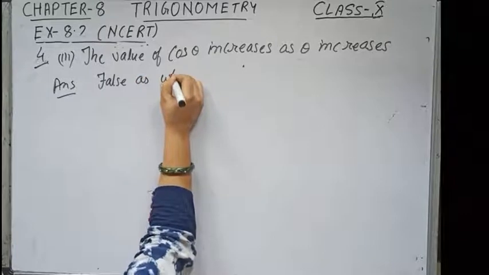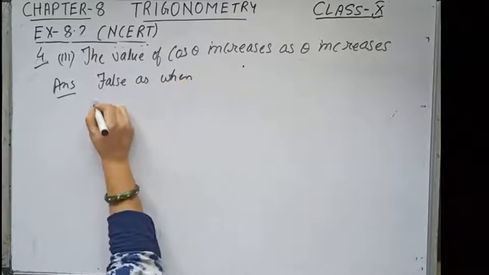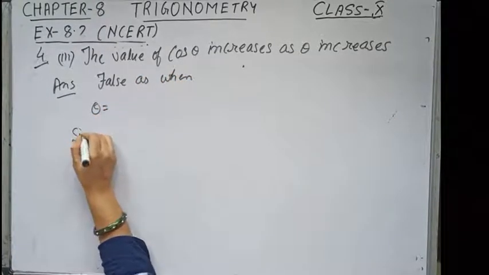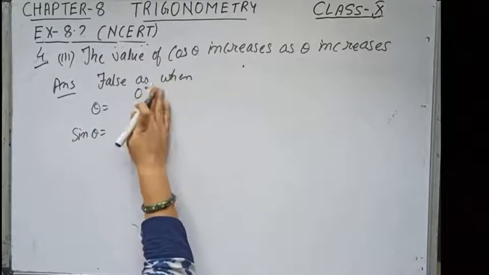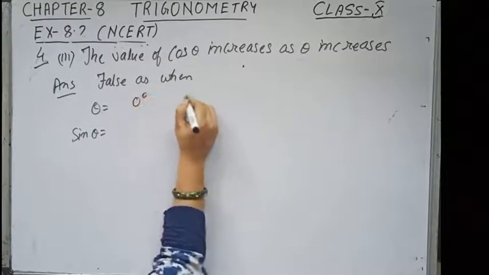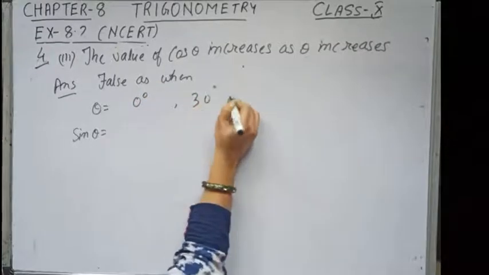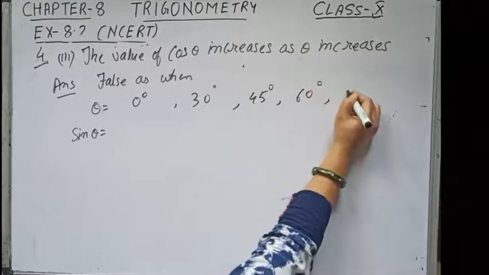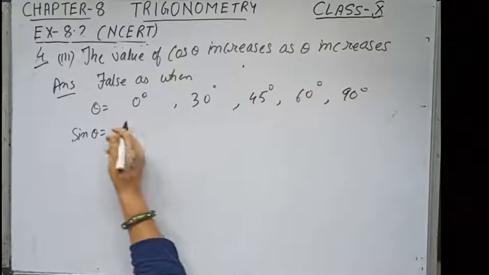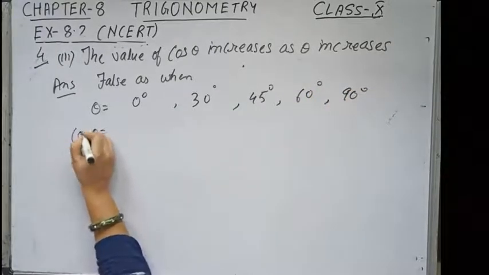as we take theta equals 0 degree, 30 degree, 45 degree, 60 degree, and 90 degree. Sorry, cos theta, no?